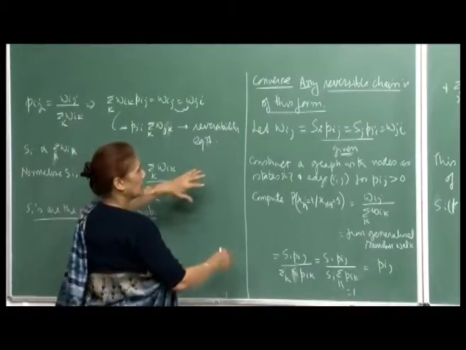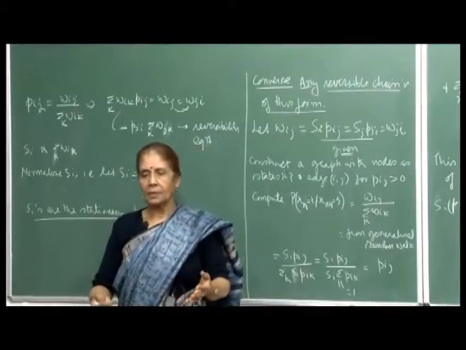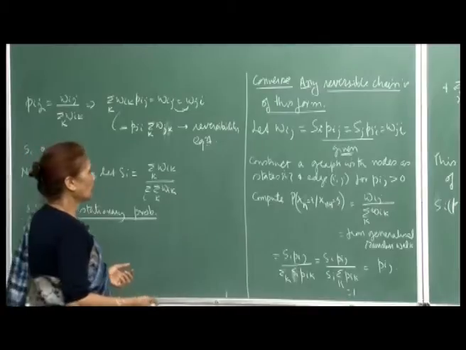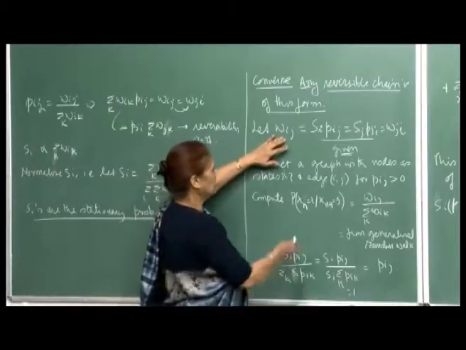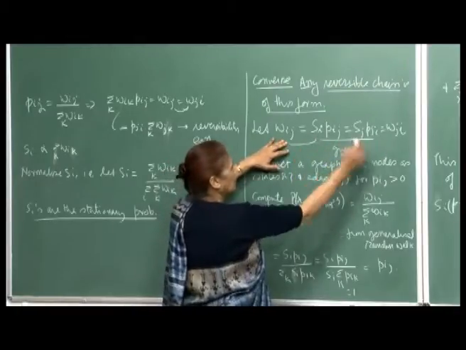So, once given a Markov process, I am constructing an undirected graph, where the nodes are the states, and the weights are well defined through this equation, and Wij is Wji.